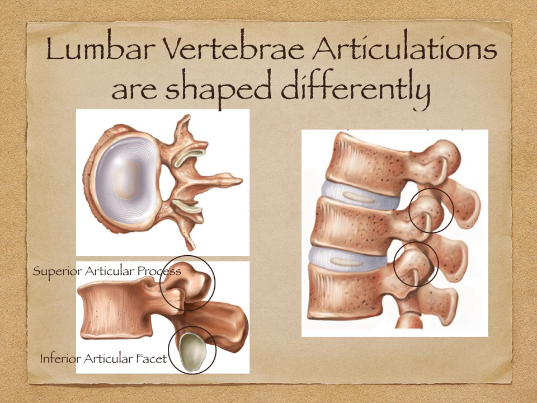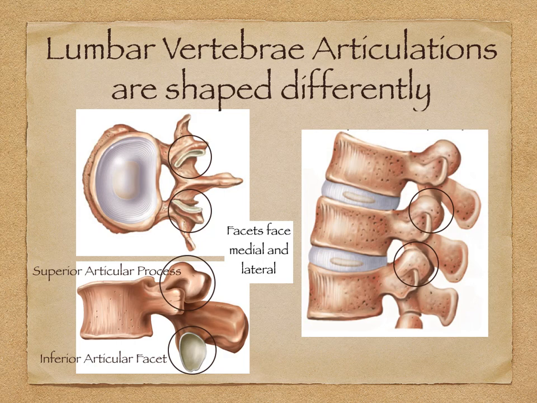Here you can actually see the facet on it. In the picture above, not the side view, but the top view or superior view, here are what those superior articular processes look like. And you can see that the facets actually face inwardly or medially.